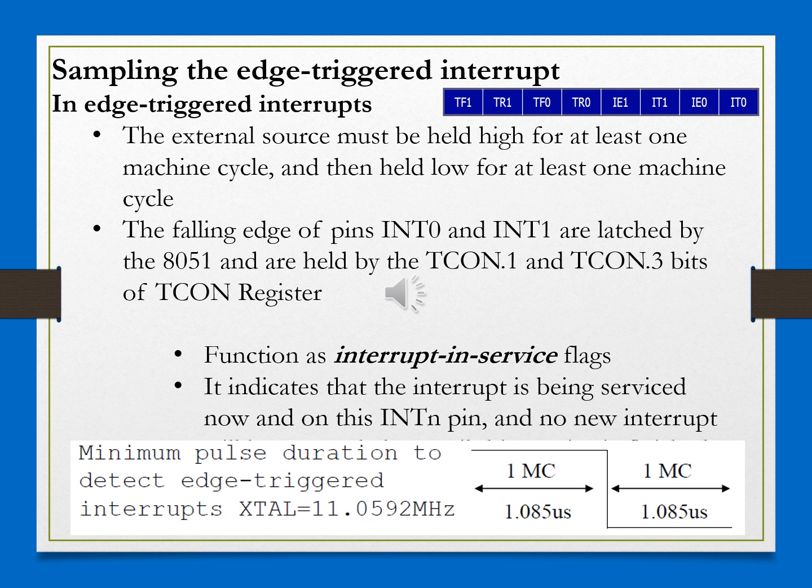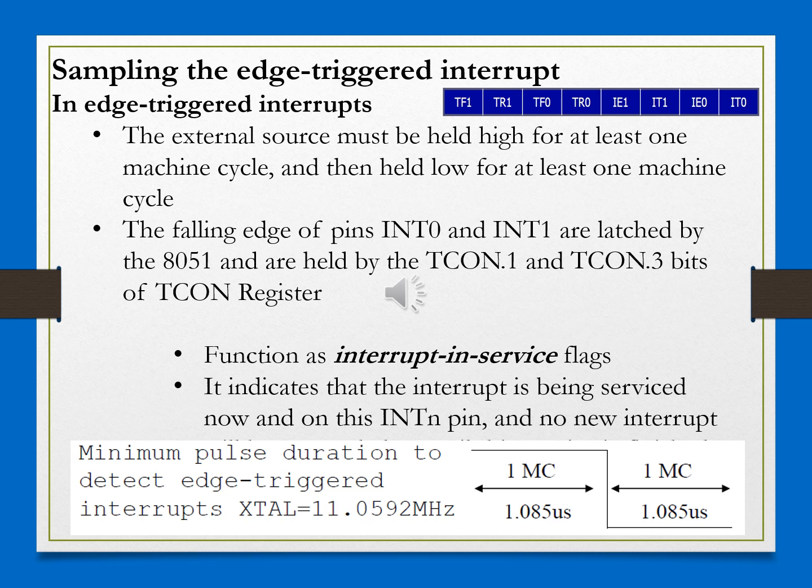So how do we understand the sampling of this edge triggered interrupt? In edge triggered interrupt, we know that the IT0 and IT1 bits of the TCON register have to be made 1. So we have understood that.